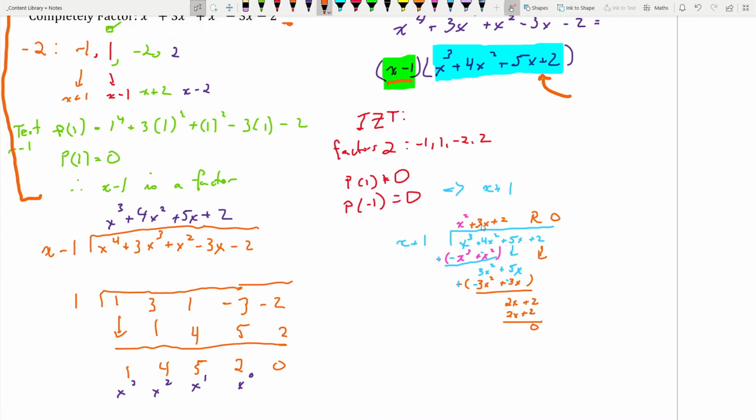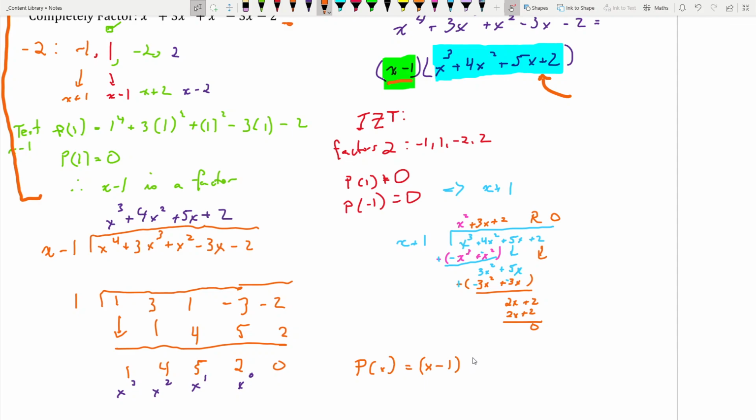All right, so I did my long division and believe it or not, I'm almost done. So I'm just going to say P of x, well, here is going to be the green. We start off with the factor x minus 1. And then this is the blue polynomial in which we use the integral zero theorem and then the factor theorem.